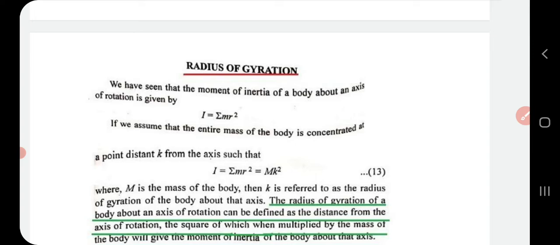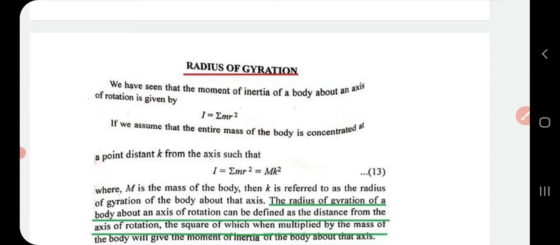In the last class, we have already seen that the moment of inertia of a body about an axis of rotation is I equal to sigma m r square. What is r? The perpendicular distance from the axis of rotation.